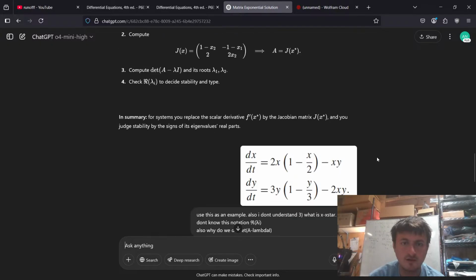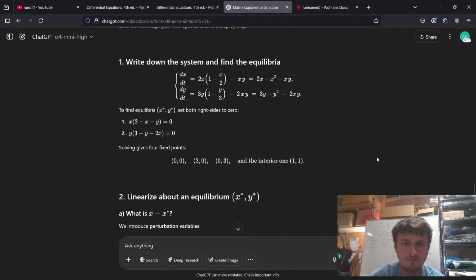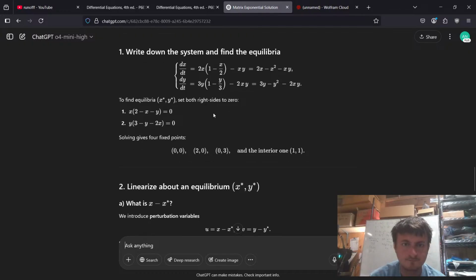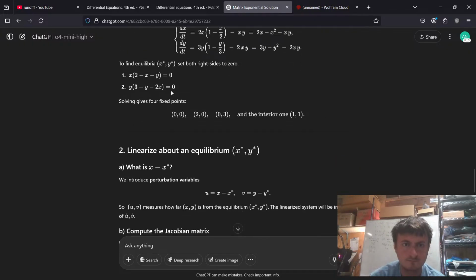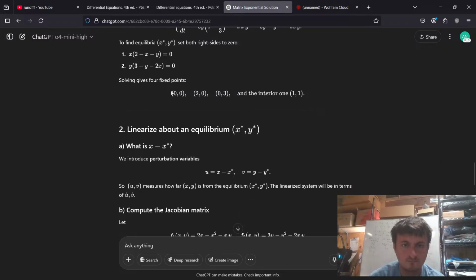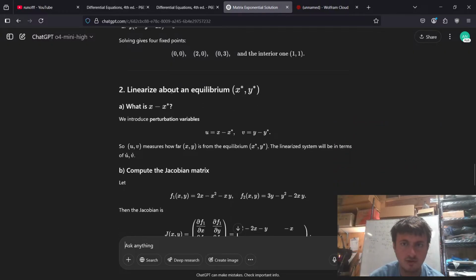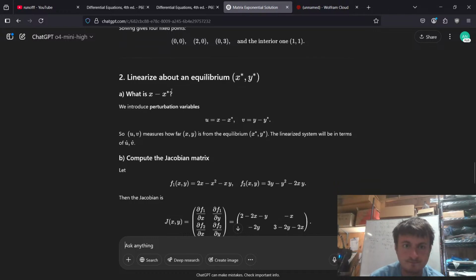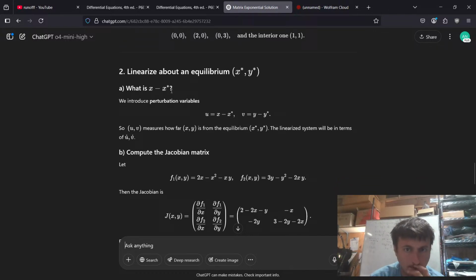Oh, does r mean the real component of that? So you find the equilibria. Then you linearize about an equilibrium. So, wait, what?